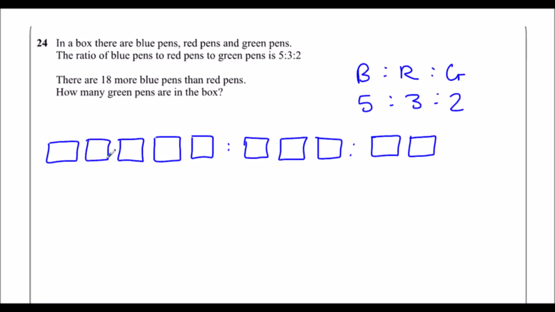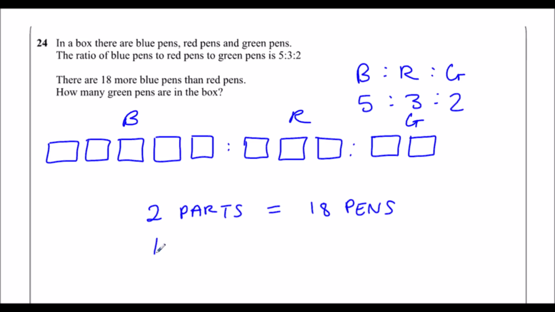The difference between blue and red is 18 pens, and it's 2 parts. So 2 parts, or 2 boxes, must equal 18 pens. So 1 part must be 9 pens.